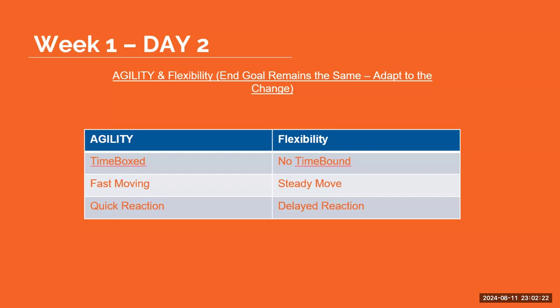But in flexibility, you can do as per your availability and suitability, and as per your whims and fancies, to be very honest. That is why the entire focus in agility is on delivery, quality, and customer servicing, customer focus.